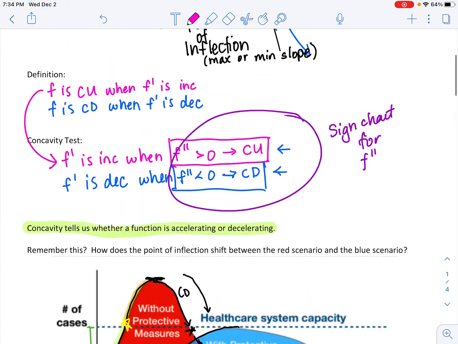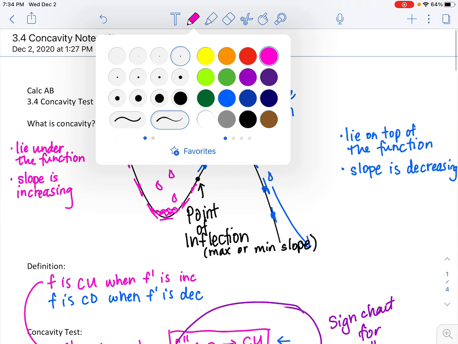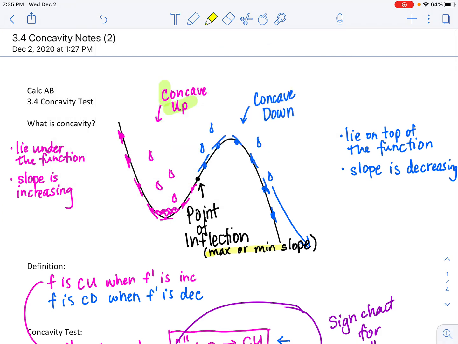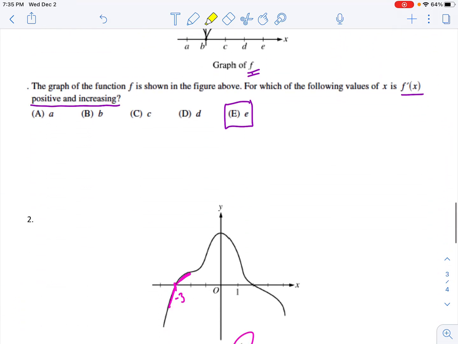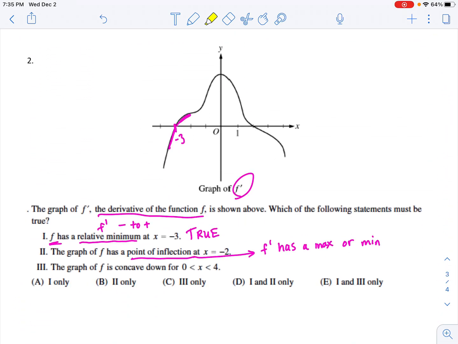If we go way back up to the top, we said a point of inflection is when we have a max or minimum slope. Since this graph is f prime, it is a picture of slope itself, right? So we're looking for any maxes or mins. So it has a maximum here and it has no other mins. So I would say that Roman numeral 2 is false.